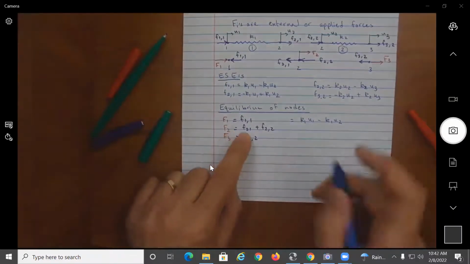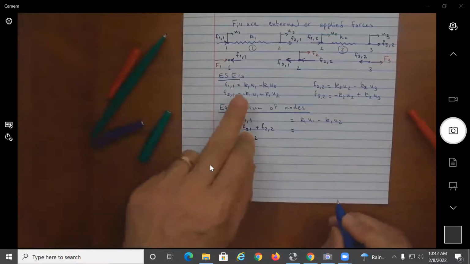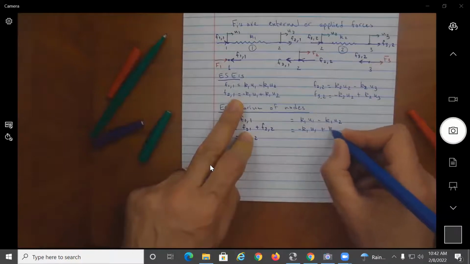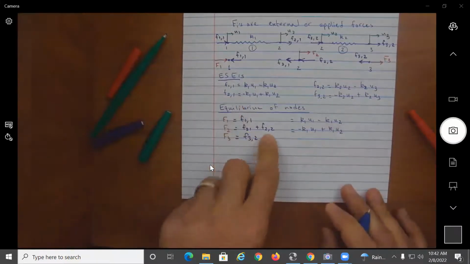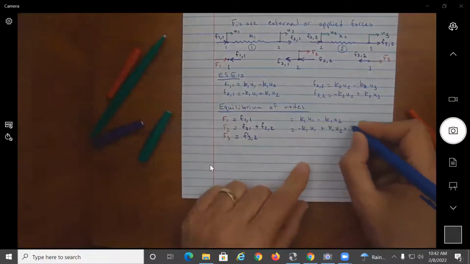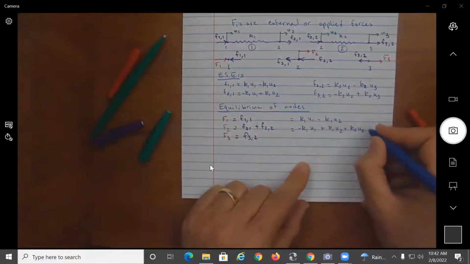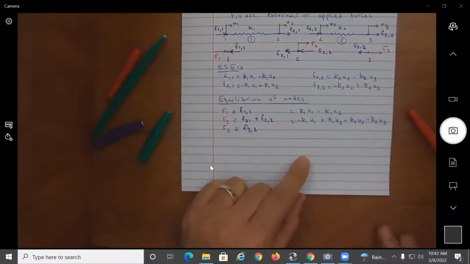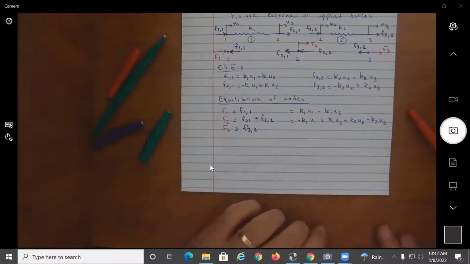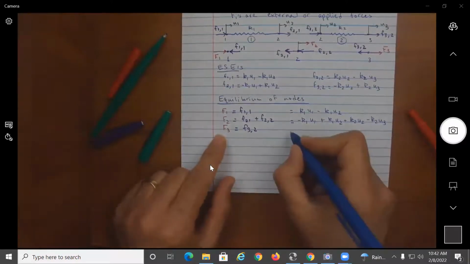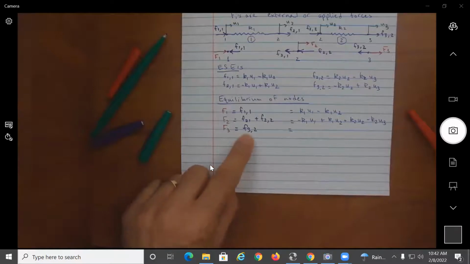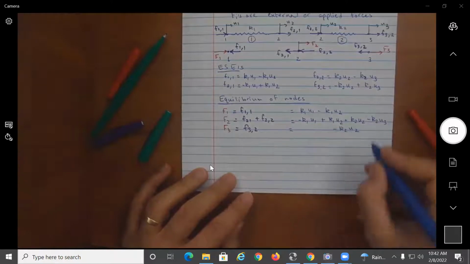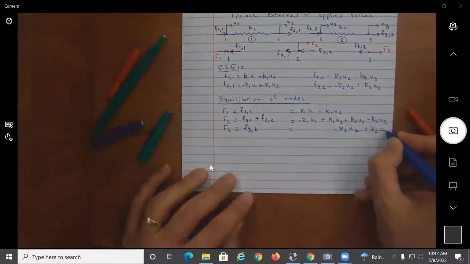For F2, F21 is equal to minus K1U1 plus K1U2, but then I have F22, which goes like plus K2U2 minus K2U3. For F3, it's equal to F32, which is going to be minus K2U2 plus K2U3.